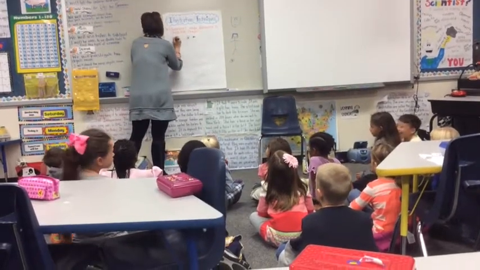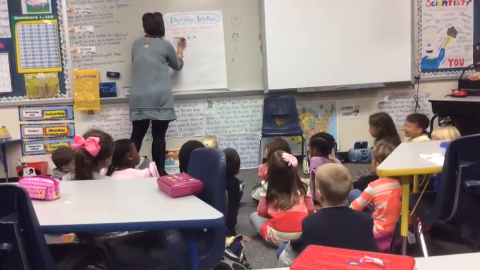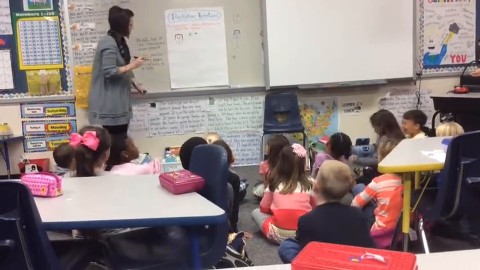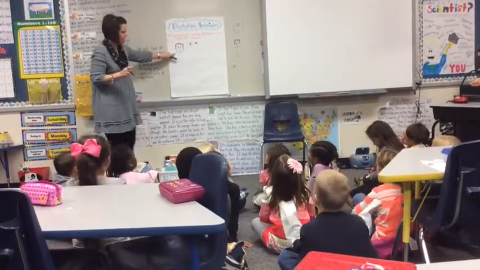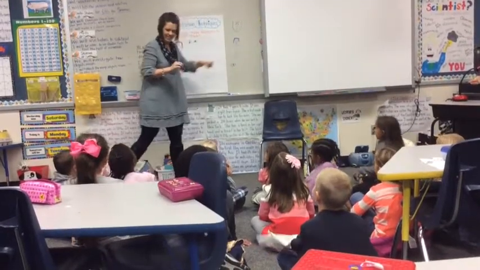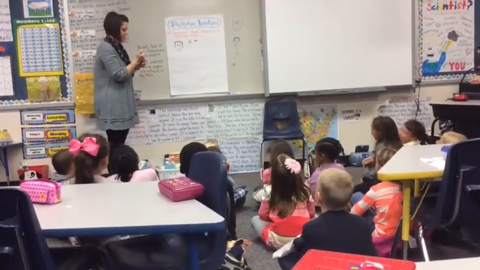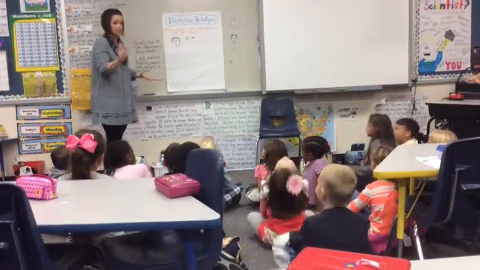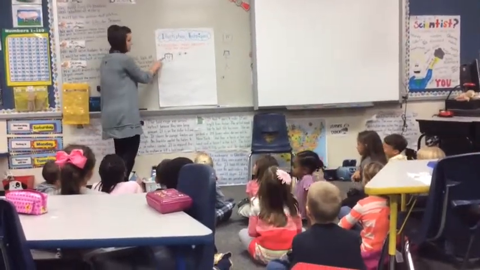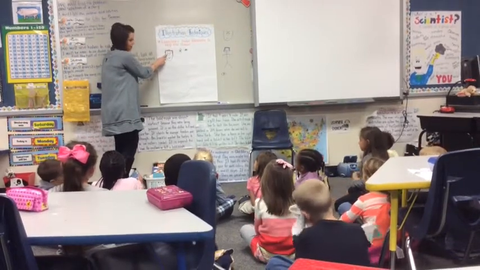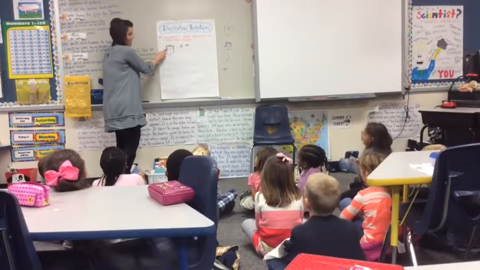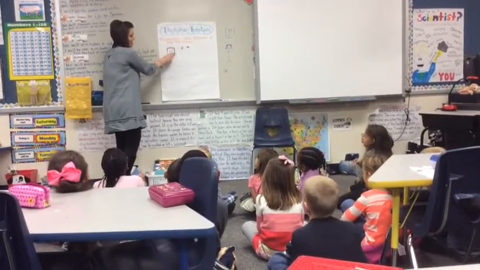Let's see, I'm going to give him some hair, like Michael's. Doesn't that look better than that? Yes, it does. Okay, so we know that an illustrator needs to draw eyes and hair and ears.